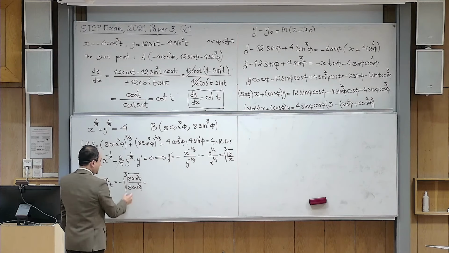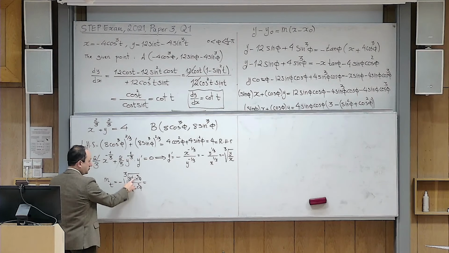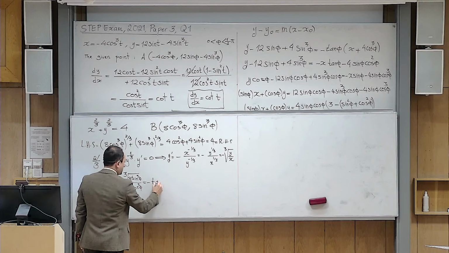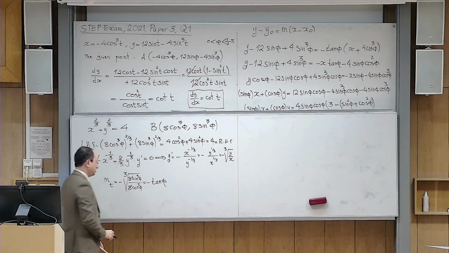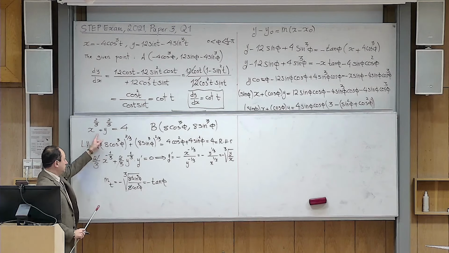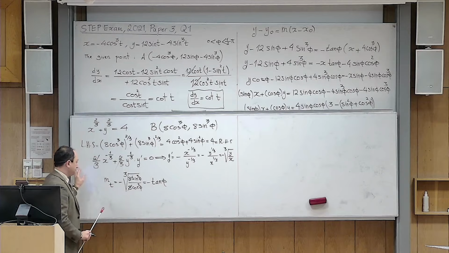And then what happens? This 8 and 8 are cancelled, so this becomes tangent cubed, but this is the third root, so it becomes minus tangent of phi. So this is the slope for the tangent line to this curve at that point.